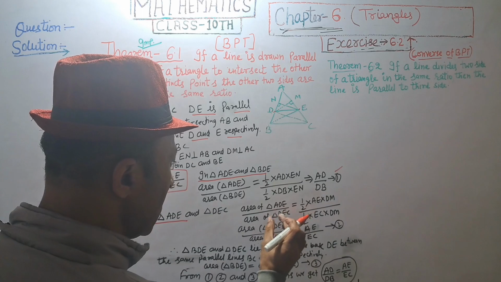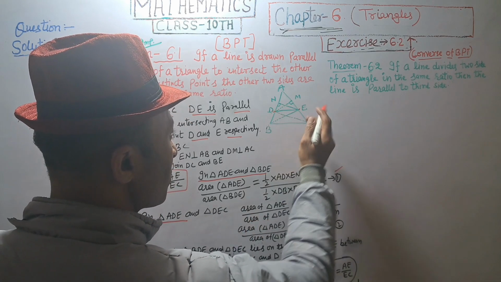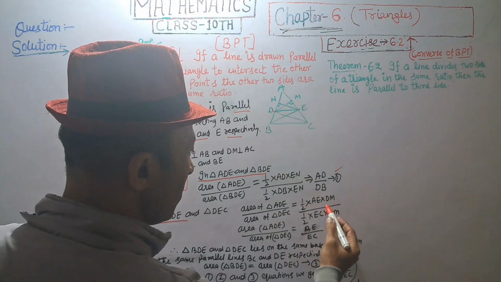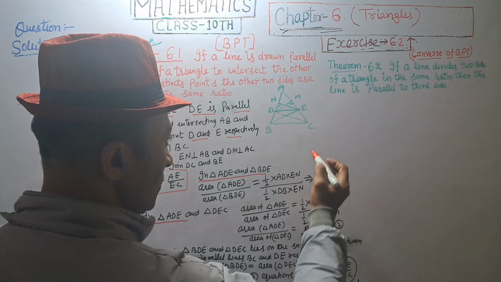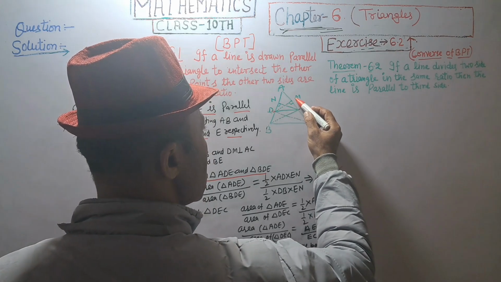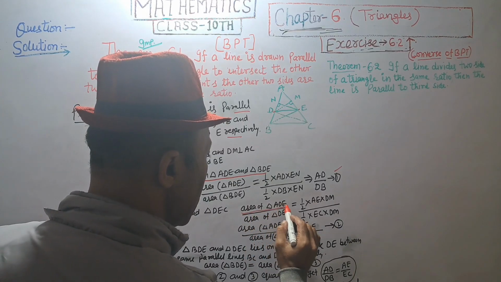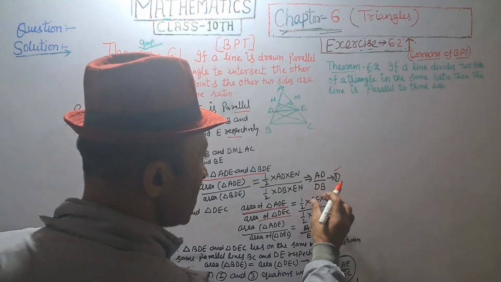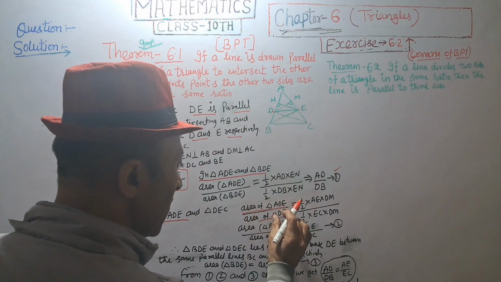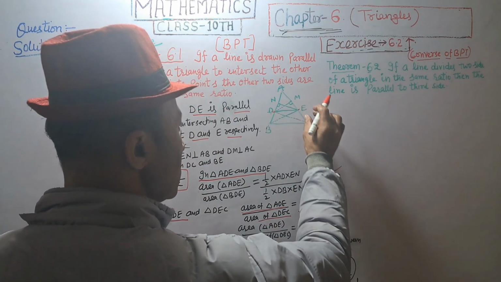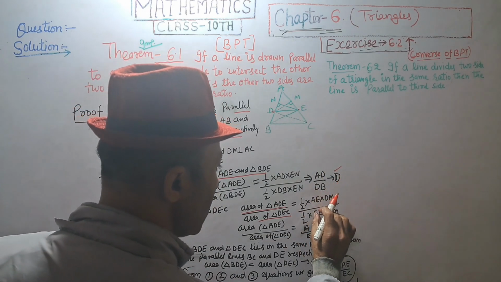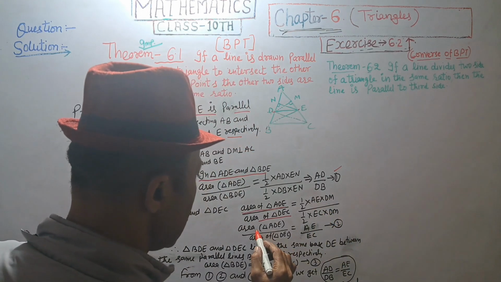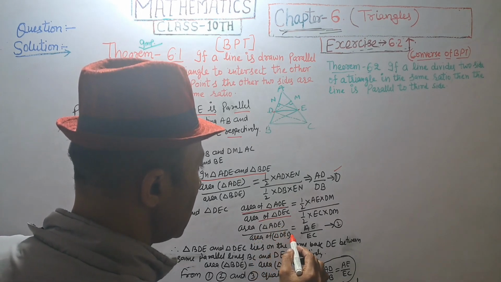So area of triangle ADE upon area of triangle DEC is half of AE into DM divided by half of EC into DM, where EC is base and DM is height. We get AE upon EC.